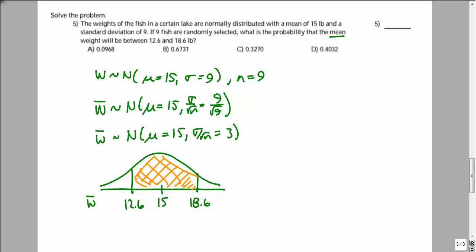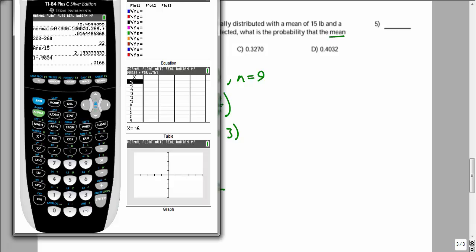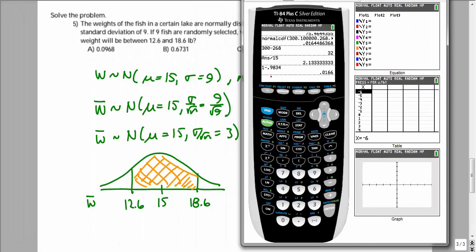So we can go straight to our calculators, or we can use our normal tables. Well, this is the normal curve, and I want to find area, so I'm going to do second DISTR, and we'll go to normalcdf. Now my lower value, on the left of my shaded region, is 12.6, and the upper part is 18.6.